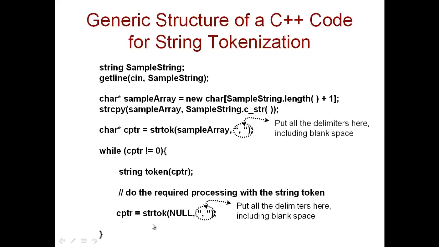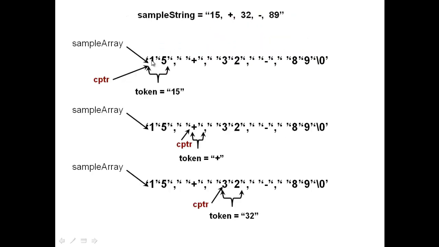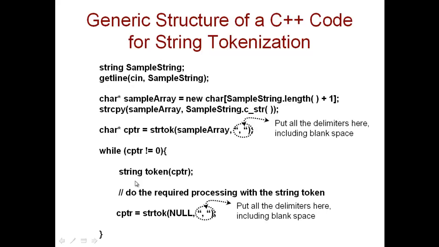So now we go through a loop to extract the tokens. So you go through the loop until the CPTR is not null. So initially it is not null, it is storing the address of this 1. So when I say token CPTR, so token is again some name I am giving, but when you do strtok itself, what will happen is this.